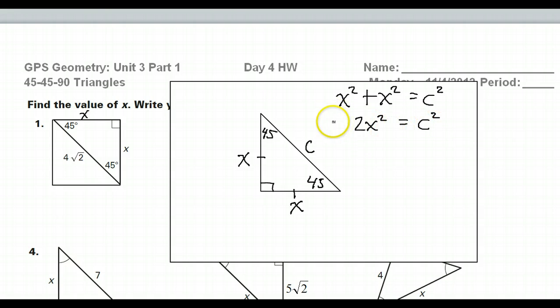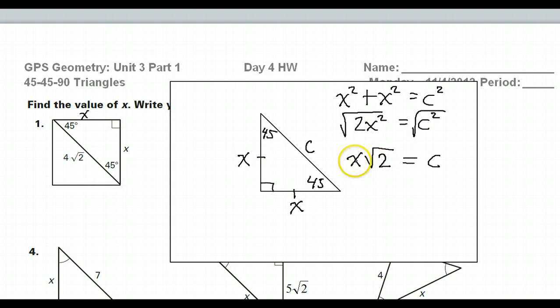Okay, now if I take the square root of both sides like this, that's going to give me c. Okay, just the same way that taking the square root got rid of that squared, taking the square root is going to get rid of the square on this x also. So that's just going to give me x. But the radical 2, nothing I can do about that.